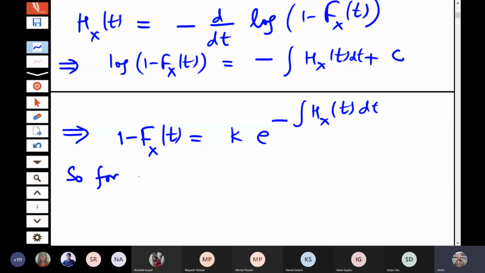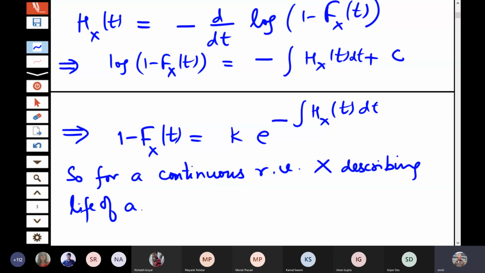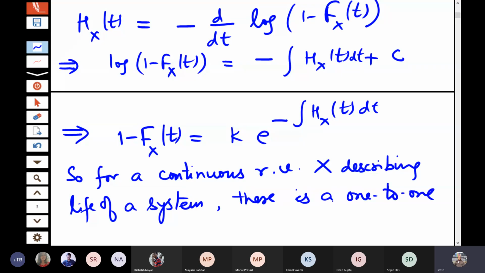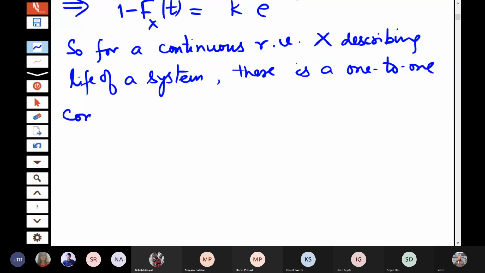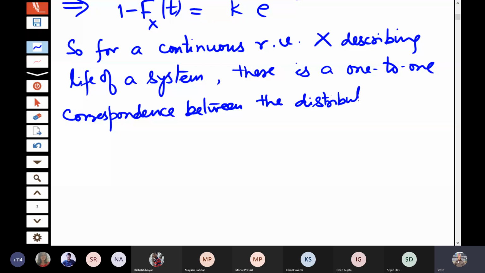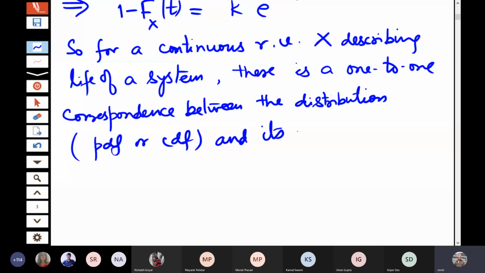So for a continuous random variable x describing the life of a system, there is a one-to-one correspondence between the distribution, that is PDF or CDF, and its failure rate function.